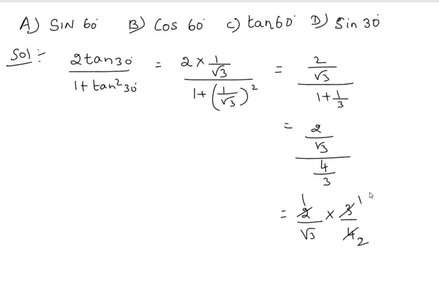So when I cancel 1 root 3, the remaining one will be root 3. Okay, so I'll have root 3 by 2. I can write this root 3 by 2 as sin 60 also. So the answer is sin 60 degree.